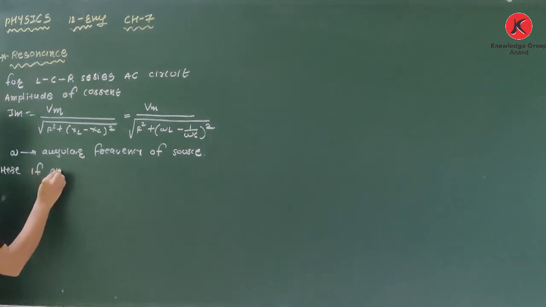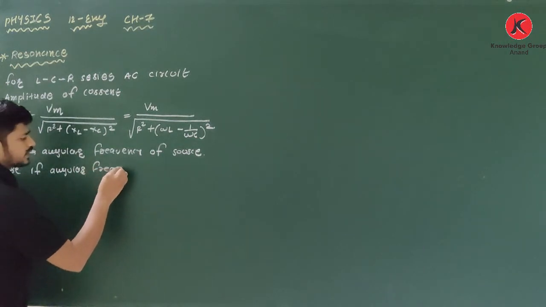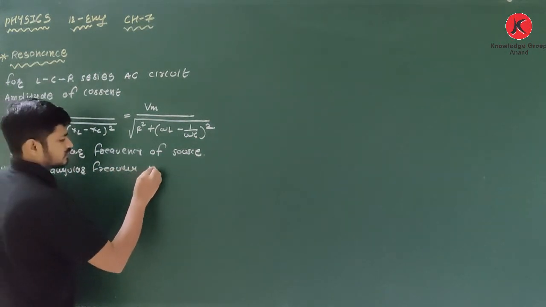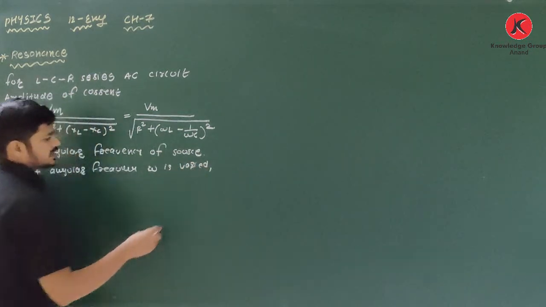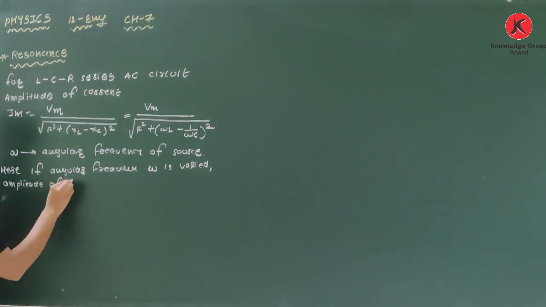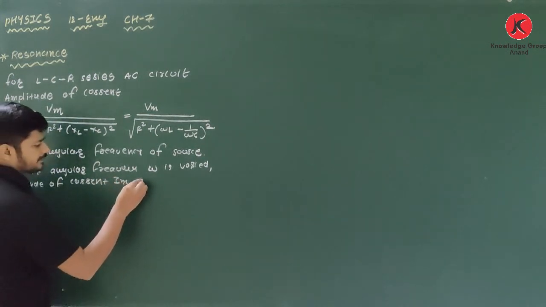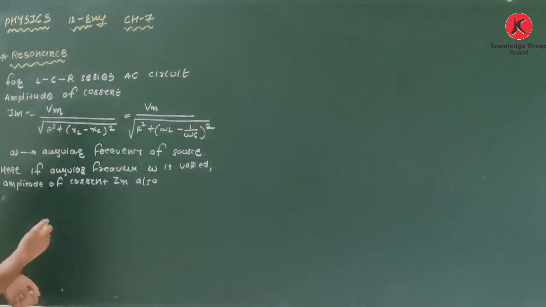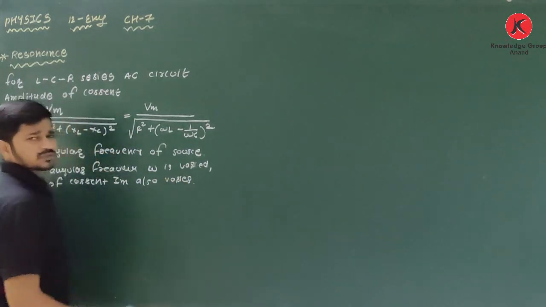If the angular frequency omega is varied, the amplitude of current Im also varies. Clear about this?